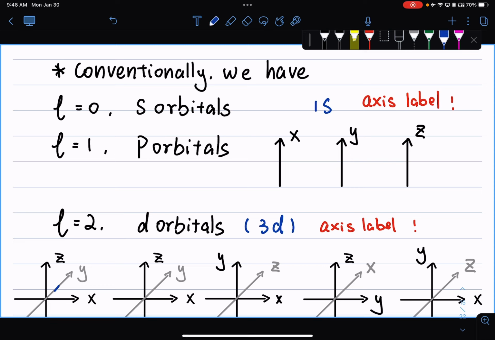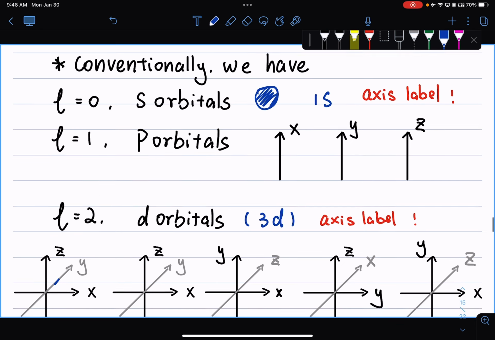For l equals 0, we have s atomic orbitals. I'm just going to quickly draw it here, but feel free to practice as well. The s atomic orbitals are spherical, when l equals 0. For l equals 1, we have p atomic orbitals that have 1 angular node.